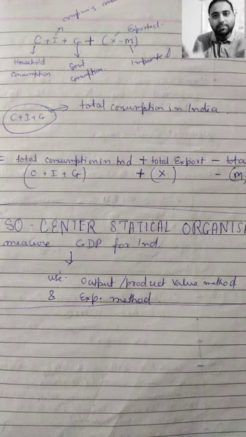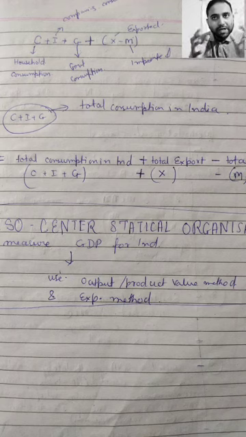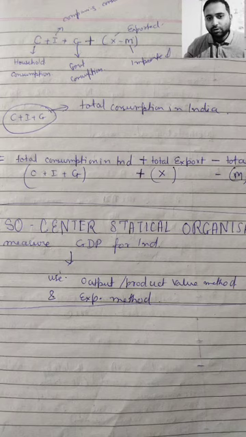That is the total consumption of India. C plus I plus G is the total consumption of India. C for household, I for companies' consumption, and G for government's consumption. Total consumption of India plus export, because we are getting money, we are selling our services, we are selling our products to other countries.